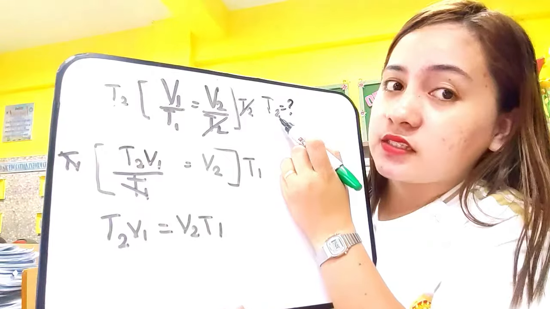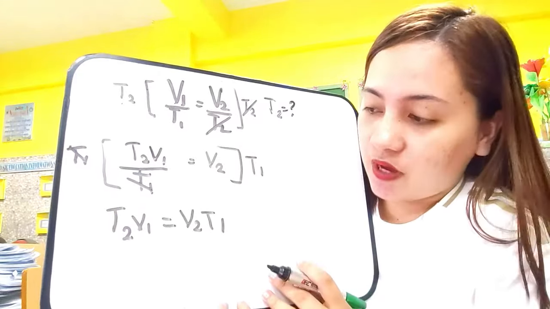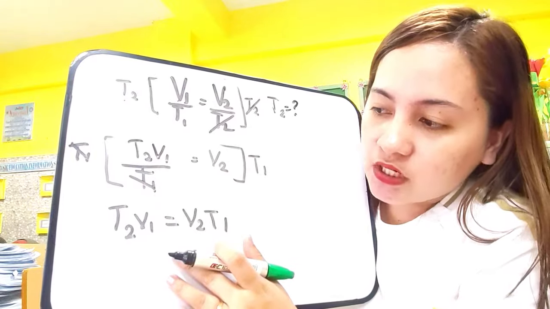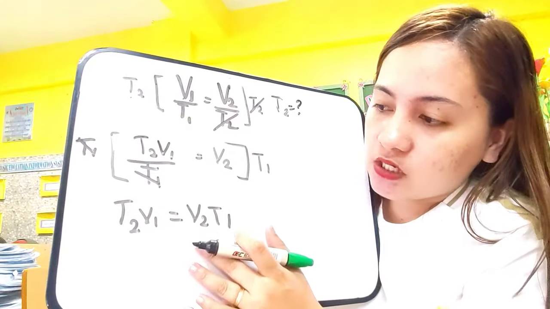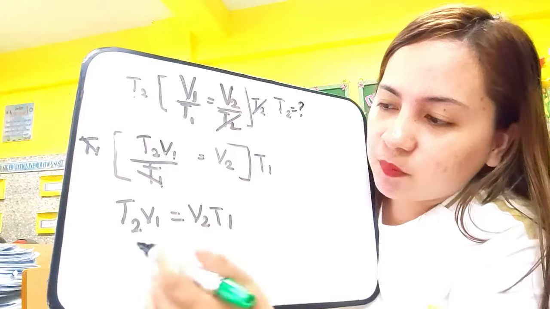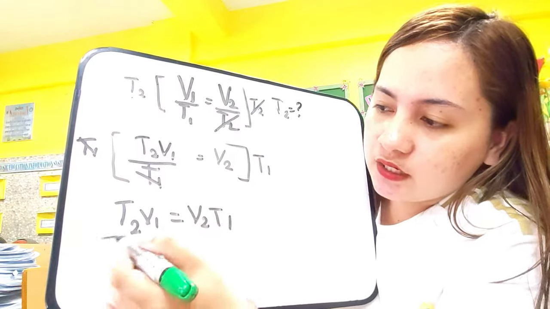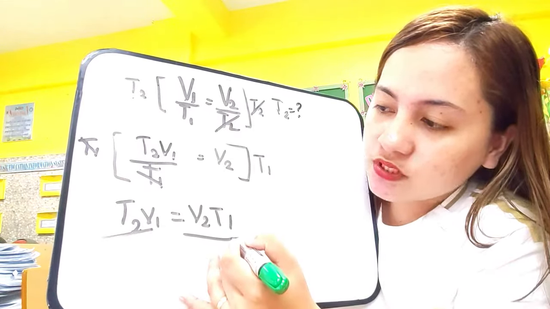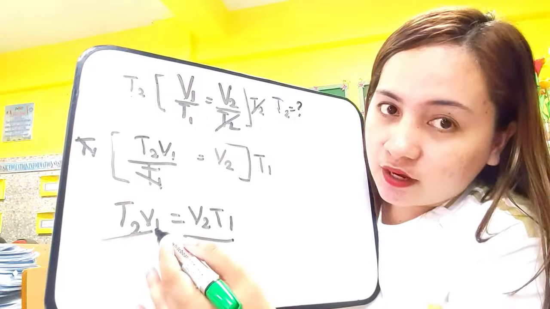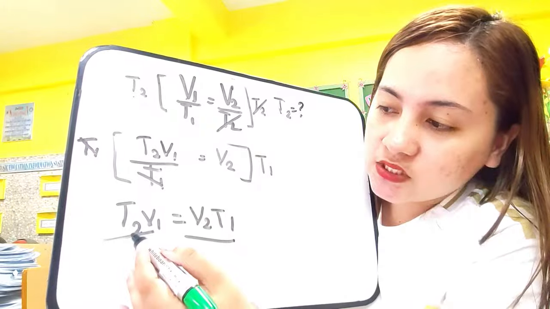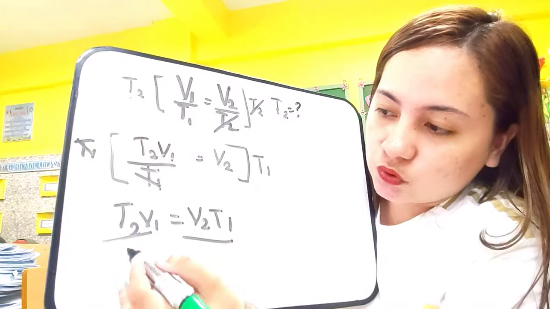Napagsolo na ba natin si T sub 2? Hindi pa. So, this time, ang operation natin is multiplication. So, kinakailangan pa nating mapagsolo si T sub 2. Kaya, i-divide natin siya both side. Kanino? Kay V sub 1 para maging solo si T sub 2.